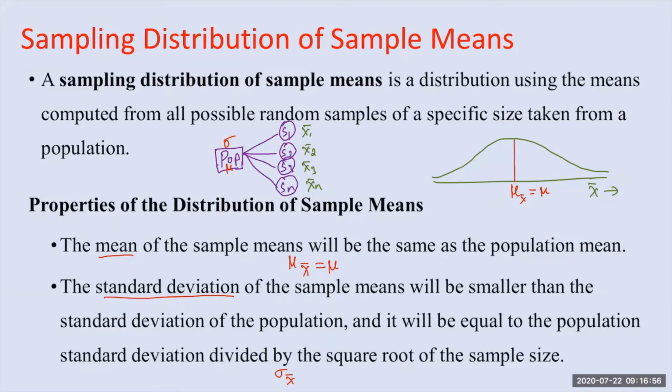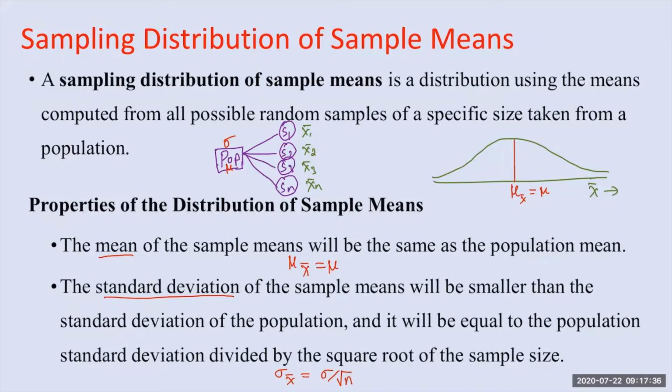Standard deviation sigma, and you write sub x bar, because this is the standard deviation of the sampling distribution of sample means, which is equal to the population standard deviation divided by the square root of the sample size n. So that is the formula.